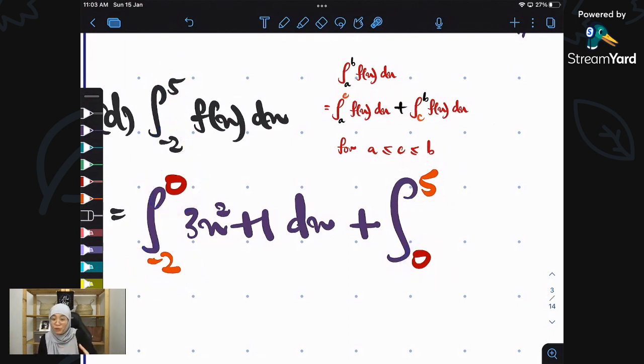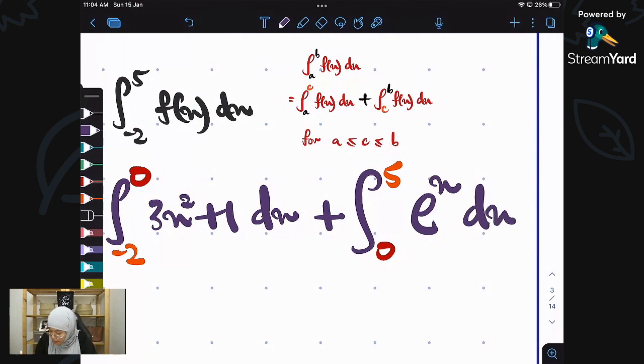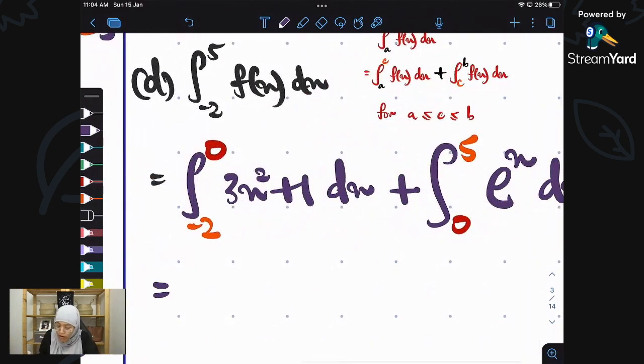You see what I'm doing right now here, okay? So cara bacaan dia adalah from A to B. From -2 go to 0, stop. And then from 0 go to 5, then done. But we have to choose the correct function, which is the next function, exponent x. Betul tak? Exponent x sahaja. Exponent x dx. Therefore, we already got the answer, guys.